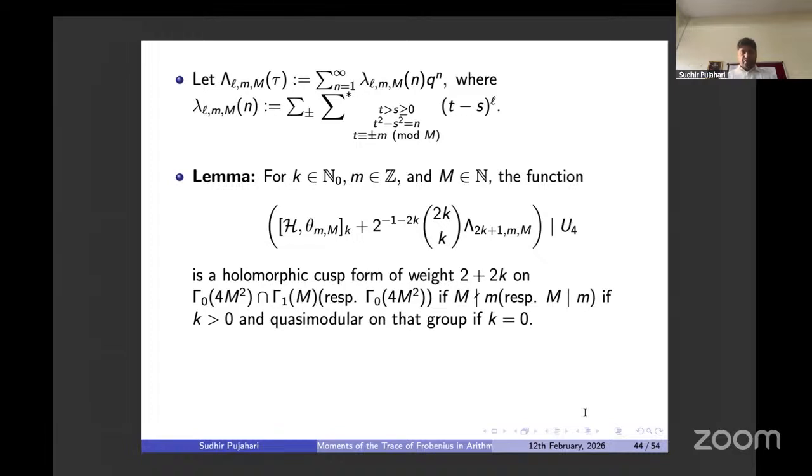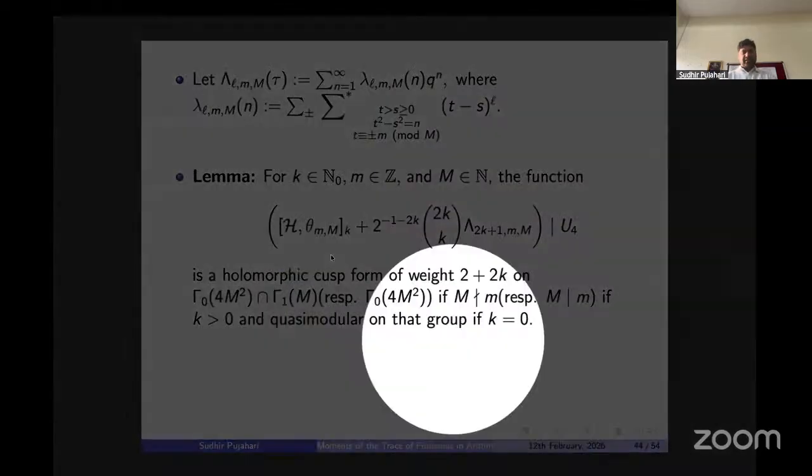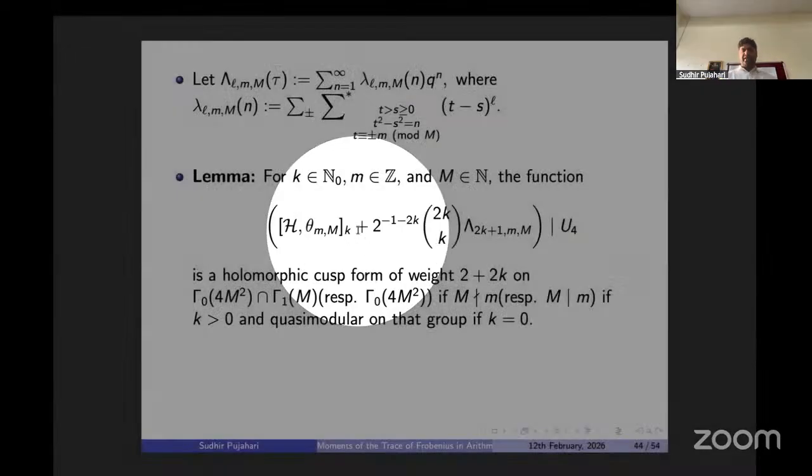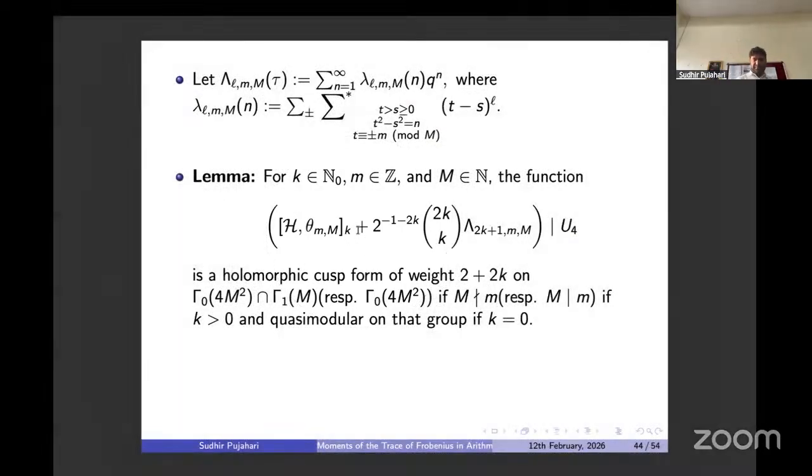So what we have to show is the Rankine-Cohen bracket of the generating function of the Hurwitz class number with the theta operator.